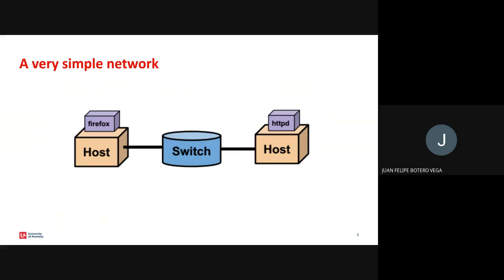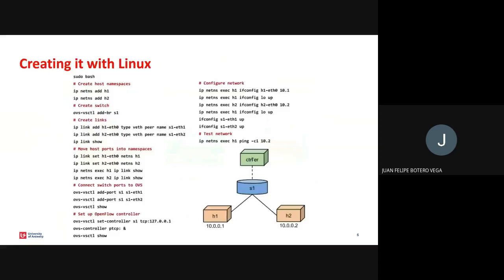So the code to implement such a simple network is something like this. I'm not going to go into detail, but this is what you have to do to add a host, to add a virtual switch, to configure the interfaces with the IP addresses, and to connect the interfaces of the hosts to the switch.